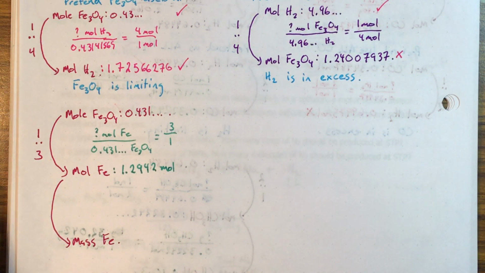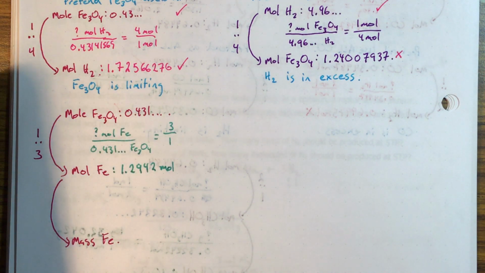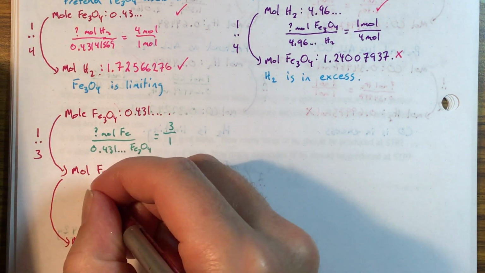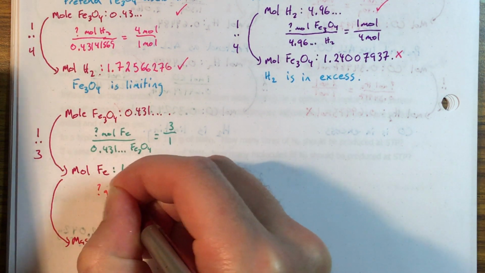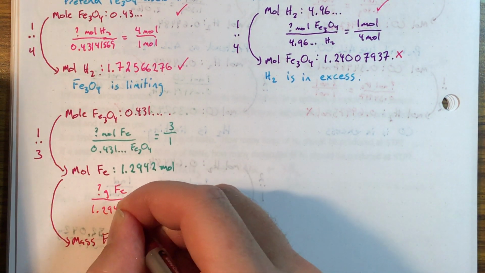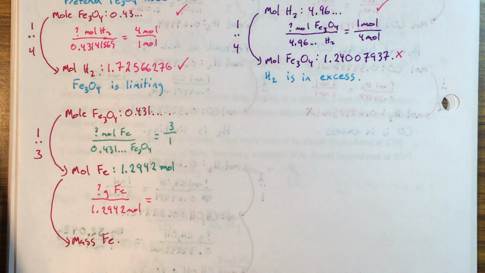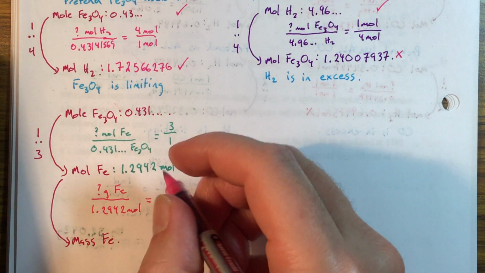All right. So next we're finding out our molar mass. So how many grams of Fe are in our 1.2942 moles of Fe? And all this should have 4 significant figures because our number at the start had 4 significant figures.